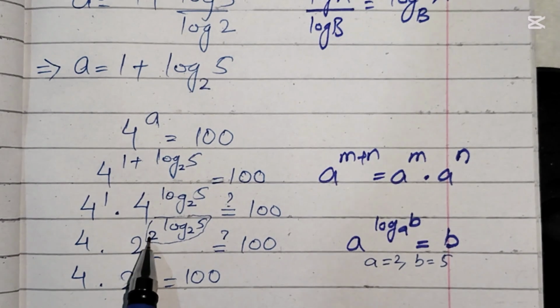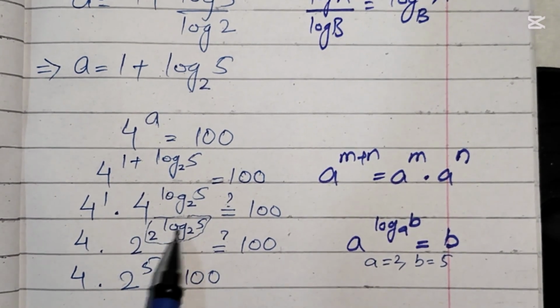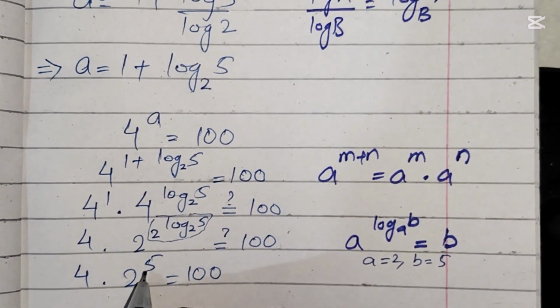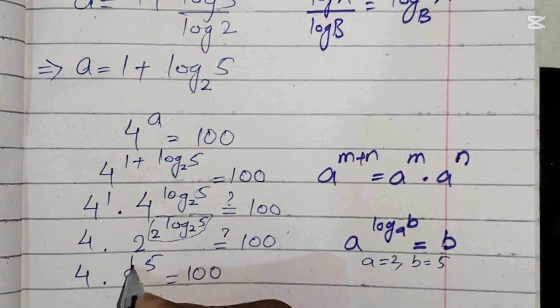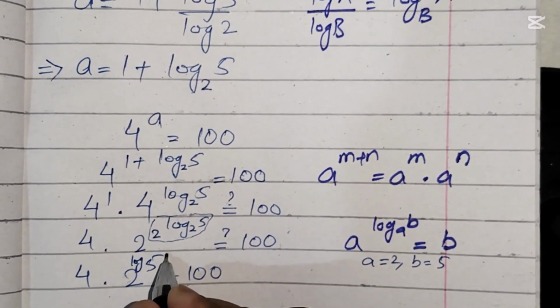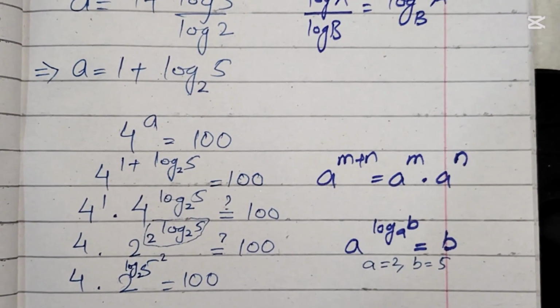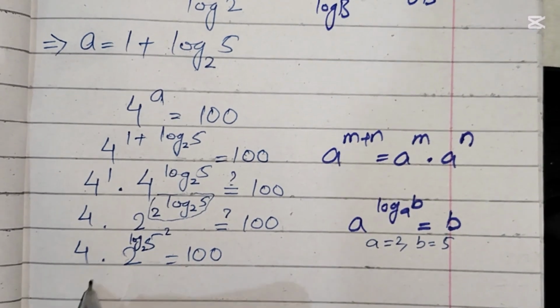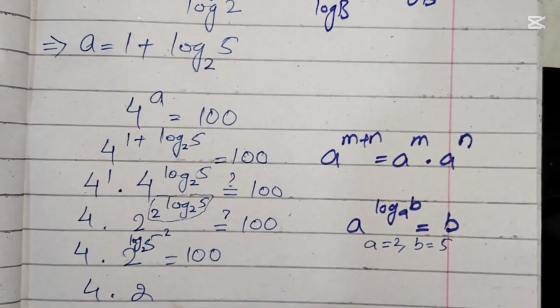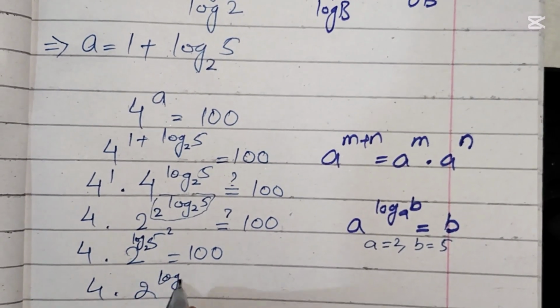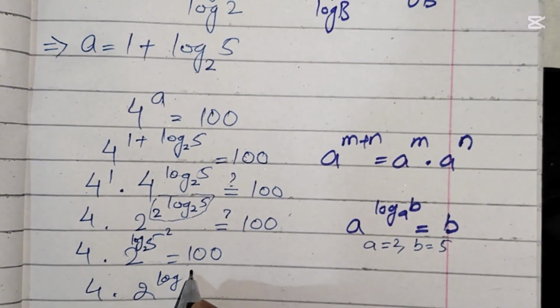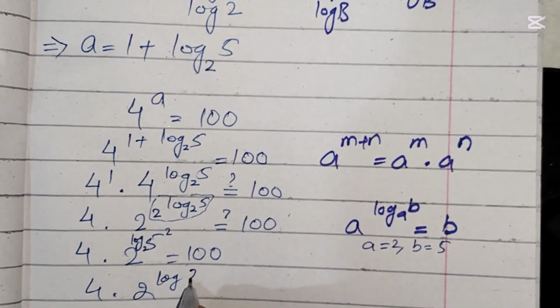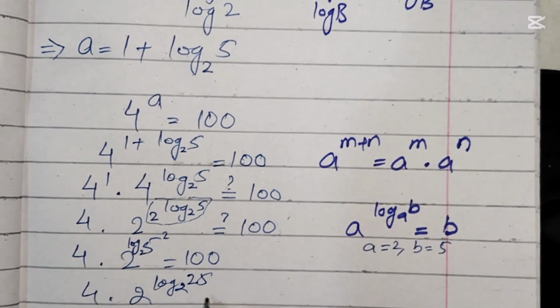This 2 power 2 log of 5 with the base 2 can be written as 2 power log of 5 square with the base 2 equals 100. So 4 into 2 power log of 5 square, which is 25, to the base 2 equals 100.